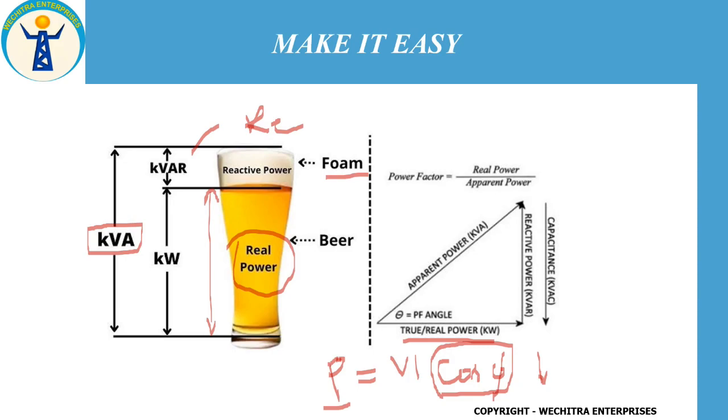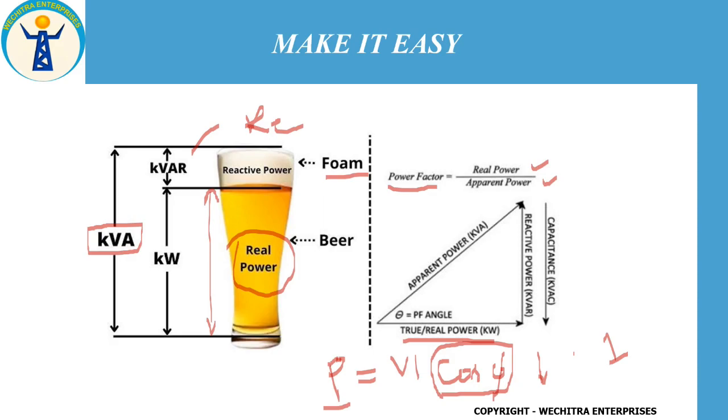So for this reason, you are advised to increase your cos phi, your power factor. Here you can see the formula for power factor, that is real power divided by apparent power. The nearer your power factor is to unity, to 1, the better.